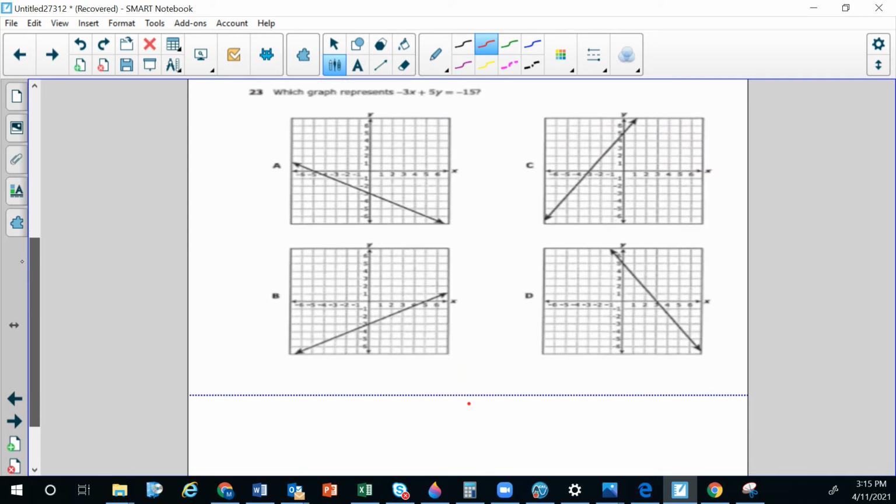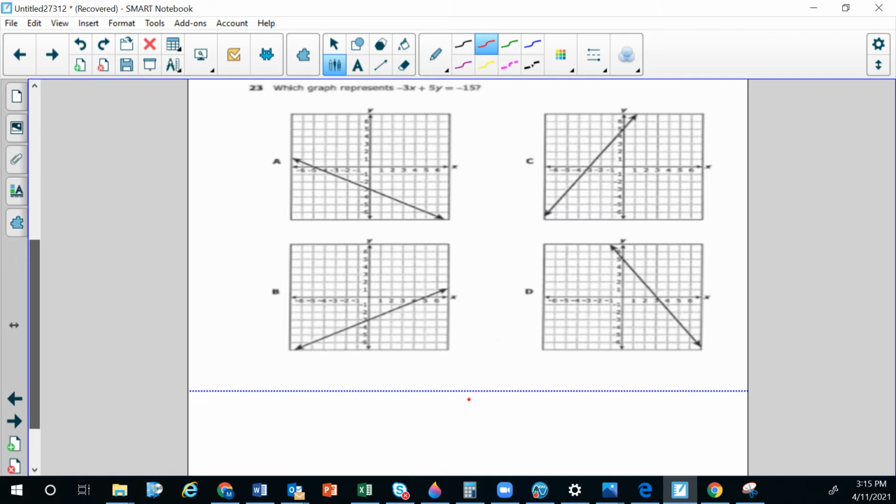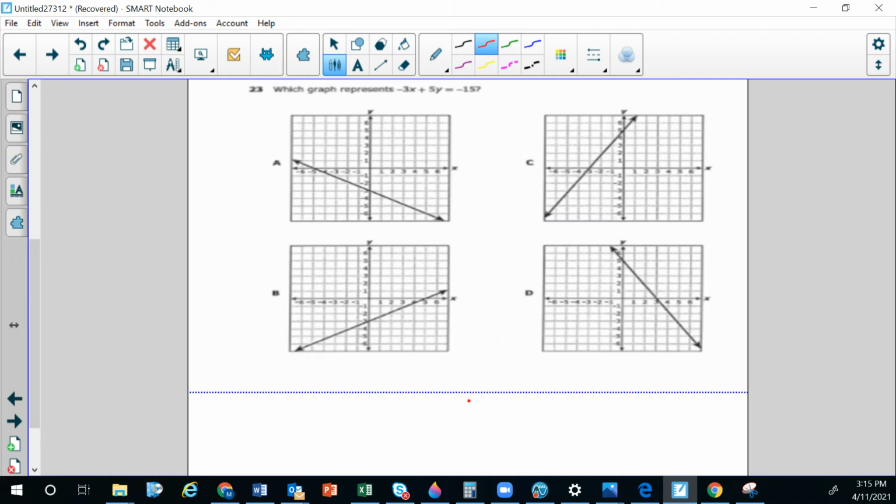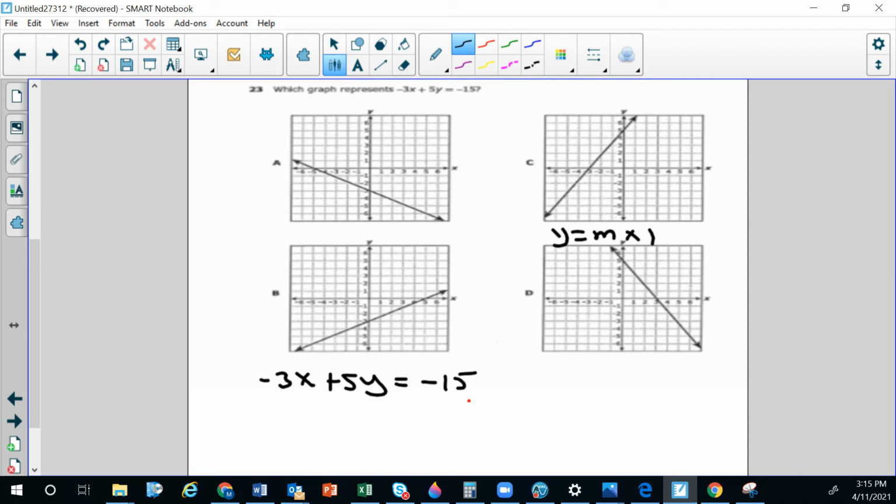The equation is -3x plus 5y equals -15. Now I want to put it into slope intercept form, which is, remember, y equals mx plus b. I want everything on the right side except my y.